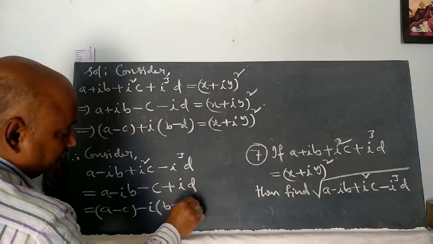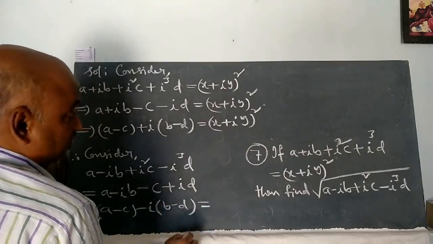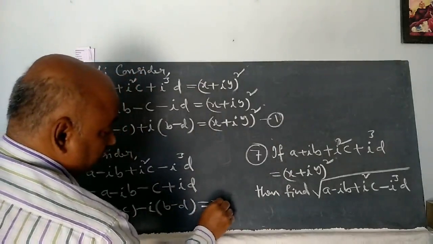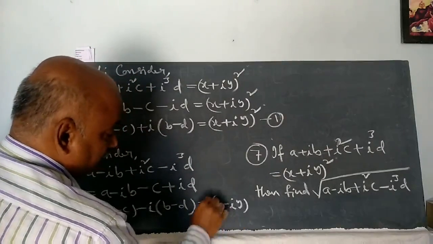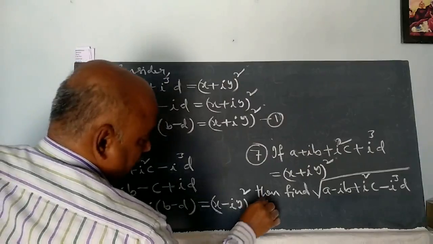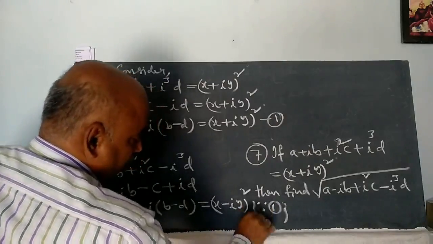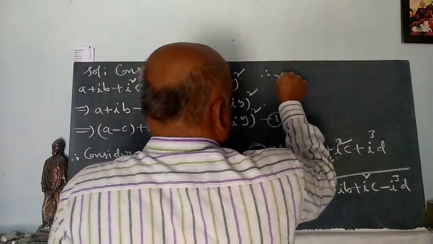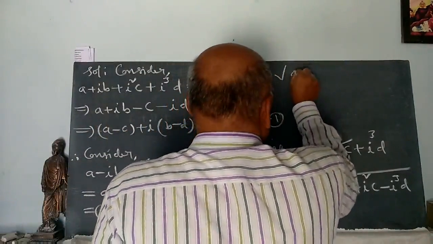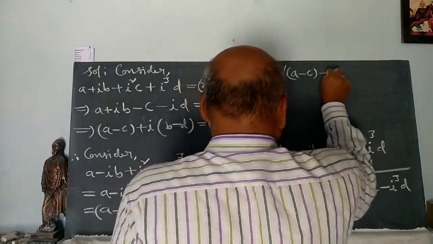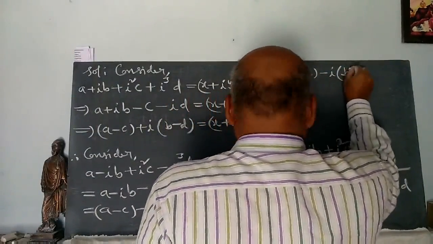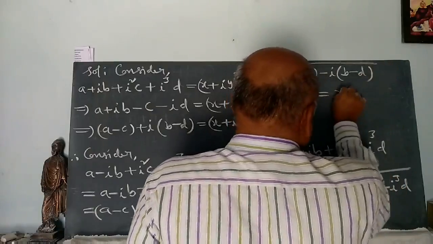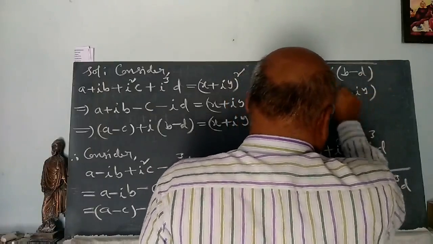So this is 1. From 1, it is (x − iy)². Therefore, the square root of (a − c) − i(b − d) is equal to x − iy.